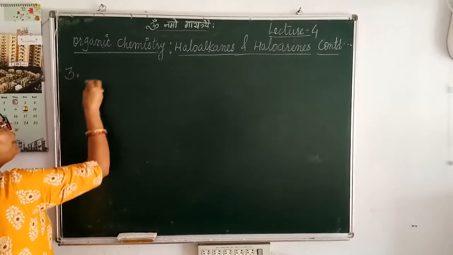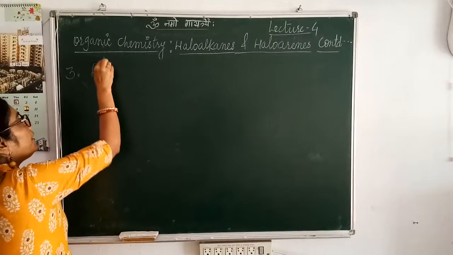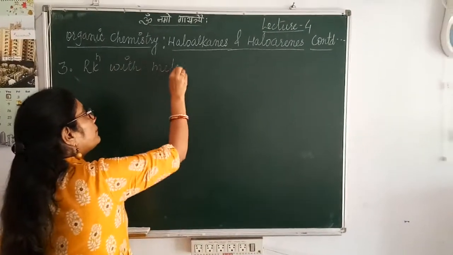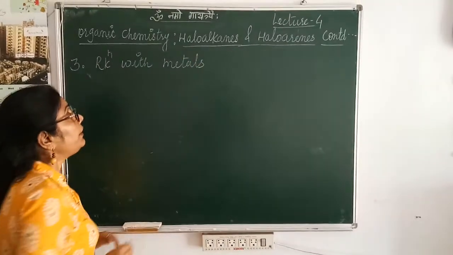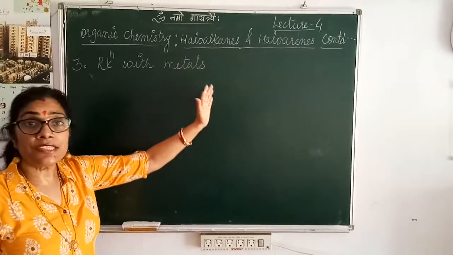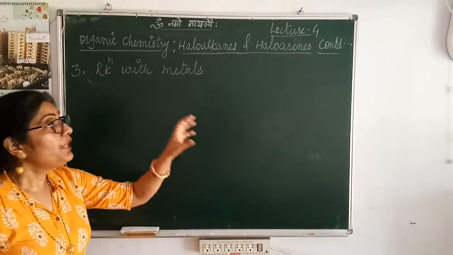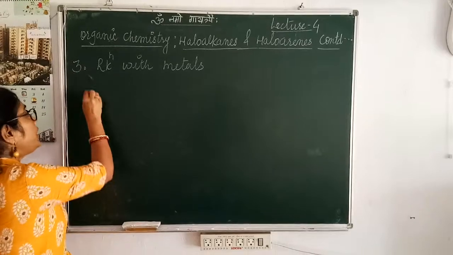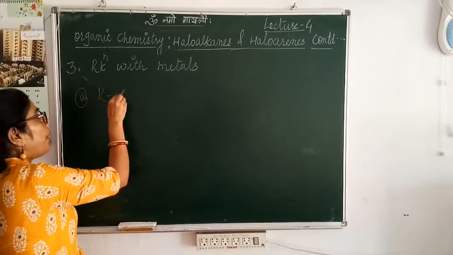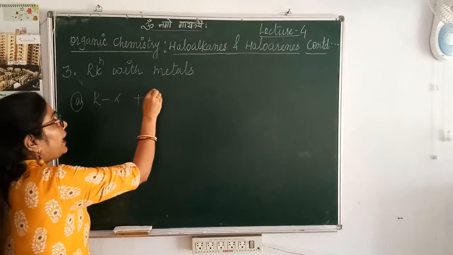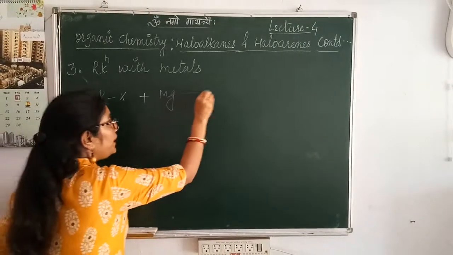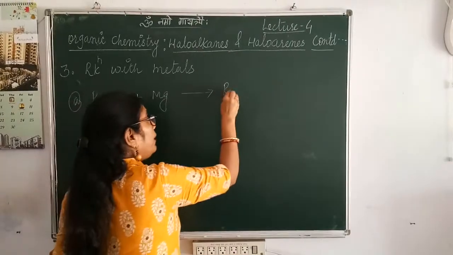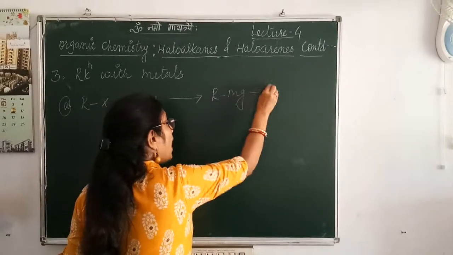So after elimination, the next reaction is reaction with metals. And normally, when these alkyl halides react with metals, they form organometallic compounds. Now what does it mean, organometallic compounds? When an alkyl halide reacts with magnesium metal in presence of dry ether, they form RMgX.